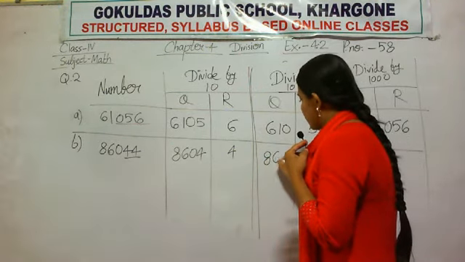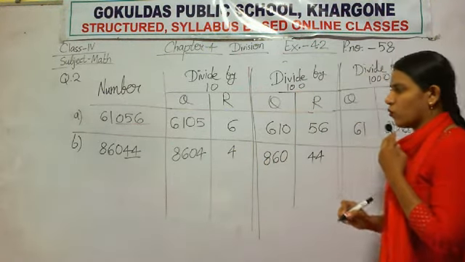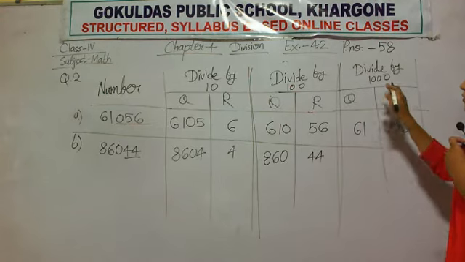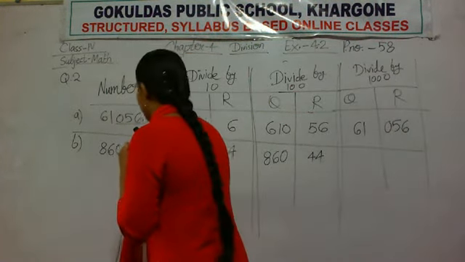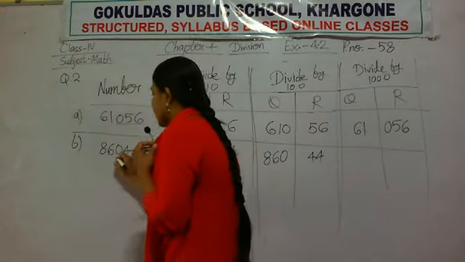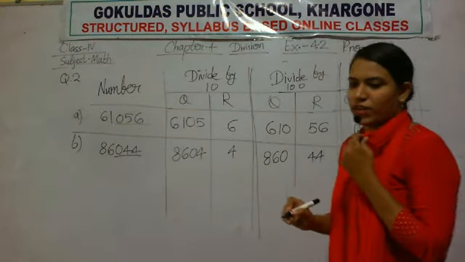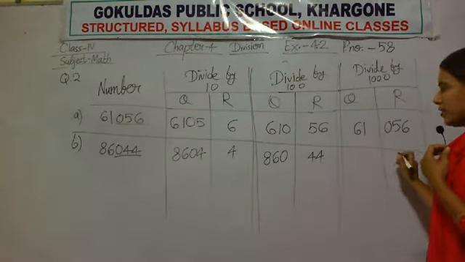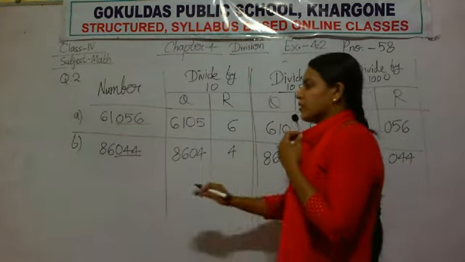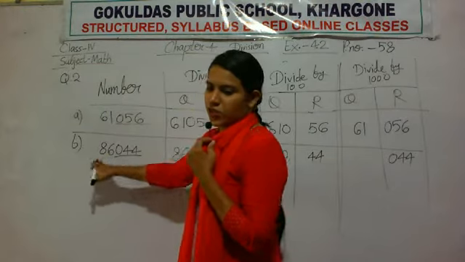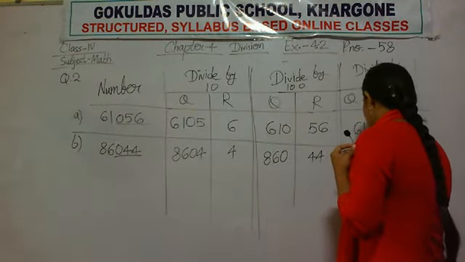So 860 is your quotient now. Now divide by 1000. If you divide any given number by 1000, then the last three digits of the given number is the remainder. So 044 is your remainder here, and 86 is your quotient, right?